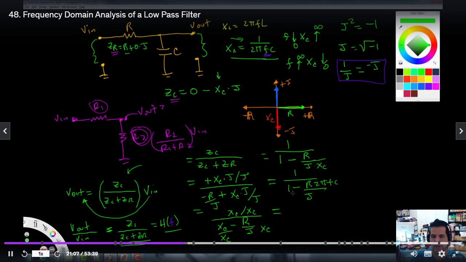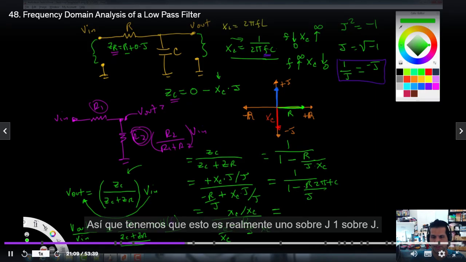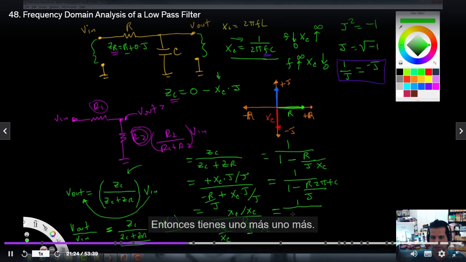Now this is really 1 over j. So what's 1 over j? 1 over j is the same as minus j, but I've already got a minus there, so that'll flip it to a plus. So we got 1 over 1 plus, all right?